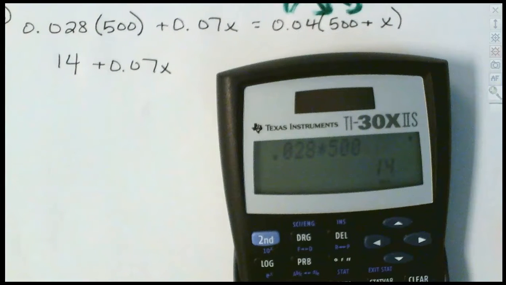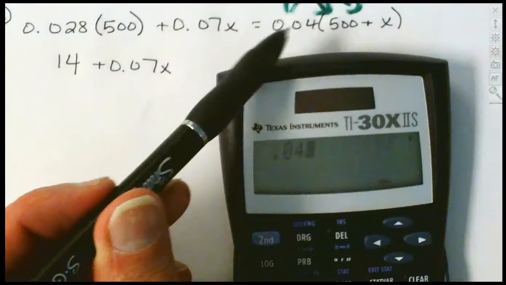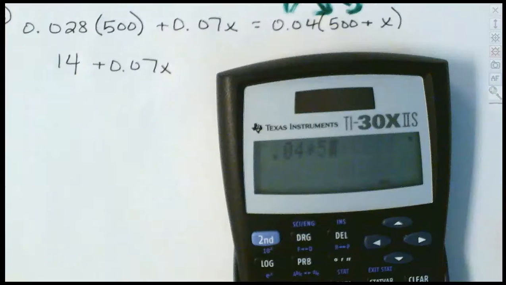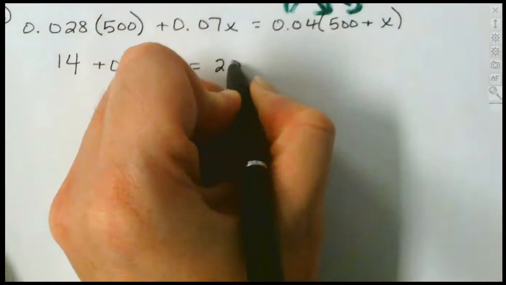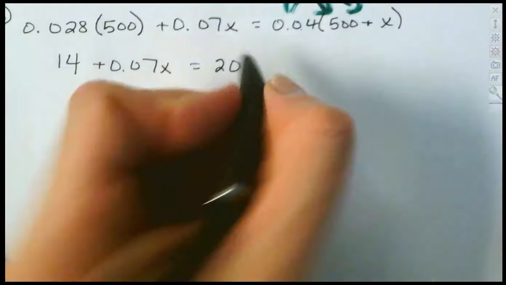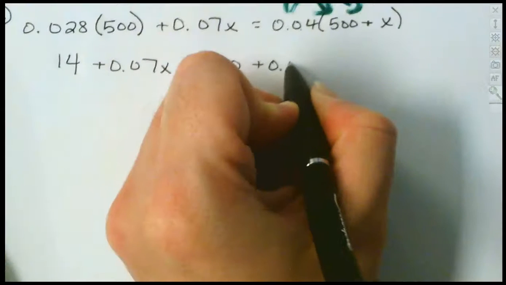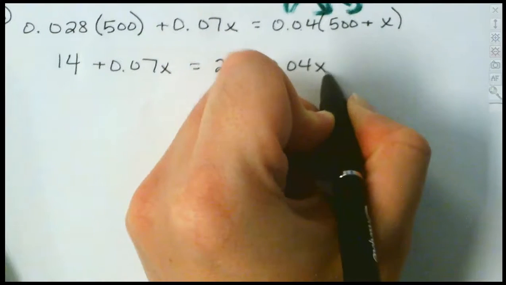What are we going to do for the next piece? We're going to distribute that 0.04 through. Take that 0.04, we're going to multiply that by 500, and that gives you now 20. And you multiply it by x, it's just 0.04x.